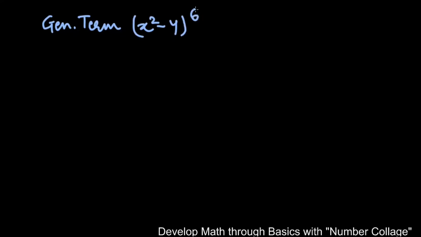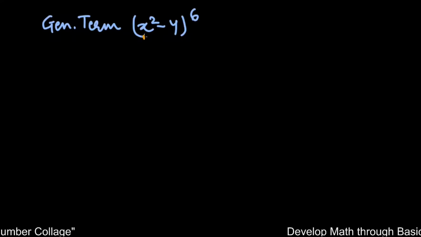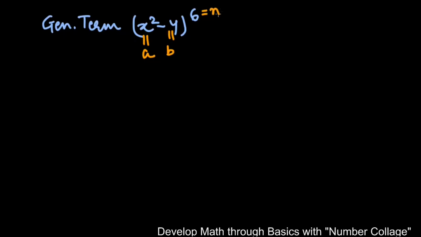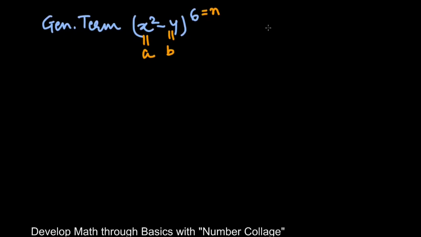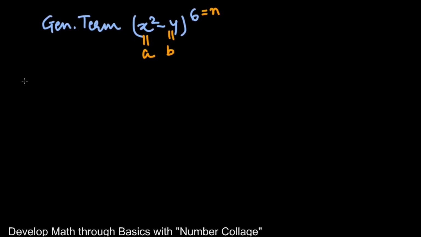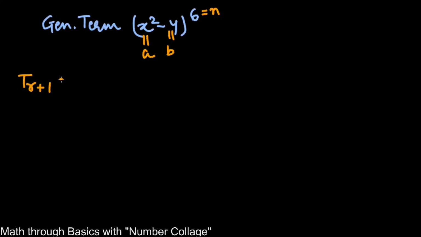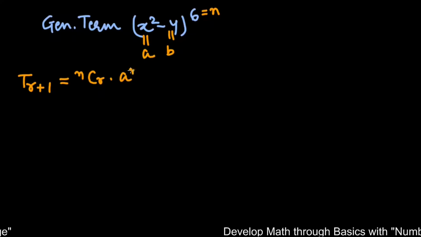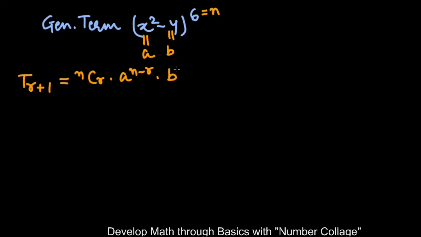We have to write the general term in the binomial expansion of x square minus y raised to 6. Here this x square is a, minus y is b, and n is 6. The general term in the binomial expansion is given as t r plus 1 is equal to n c r a raised to n minus r into b raised to r.